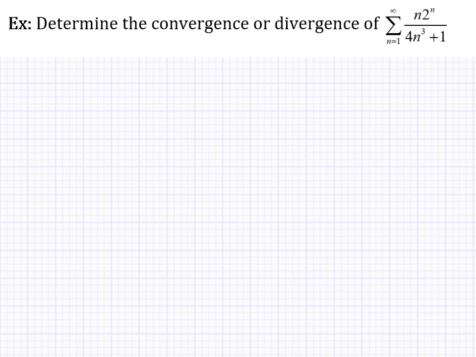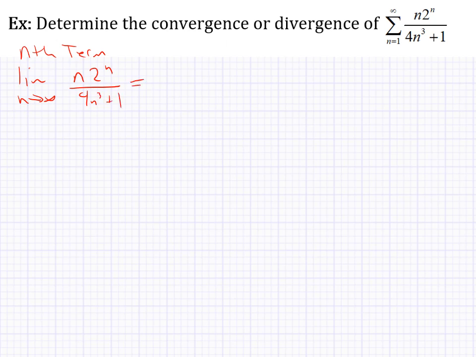So a couple of things here. One, I could just use nth term test, right? Nth term test says I don't have to take the limit of a quotient. I just take the limit as n goes to infinity of the series itself, and see what happens to that.